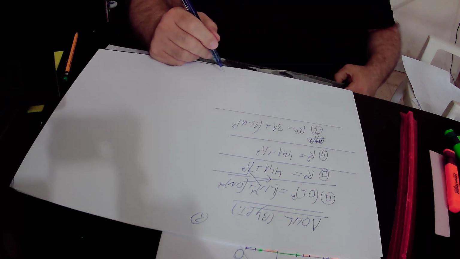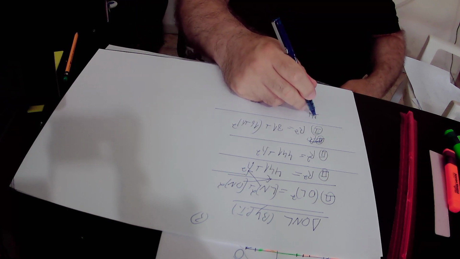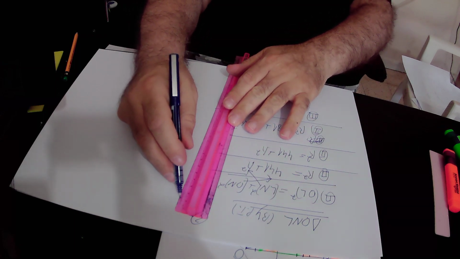Now we create equation number 3 that states that R squared according to equation number 1 must be equal to R squared according to equation number 2.